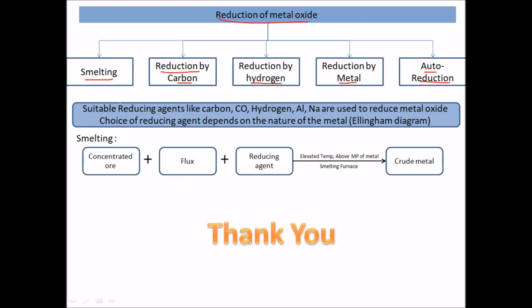The suitable reducing agents may be carbon or carbon monoxide, hydrogen, aluminium, sodium, etc. They can be used to reduce the metal oxide. The choice of the reducing agent depends on the nature of the metal, which will be dealt with in Ellingham's diagram in the further videos.